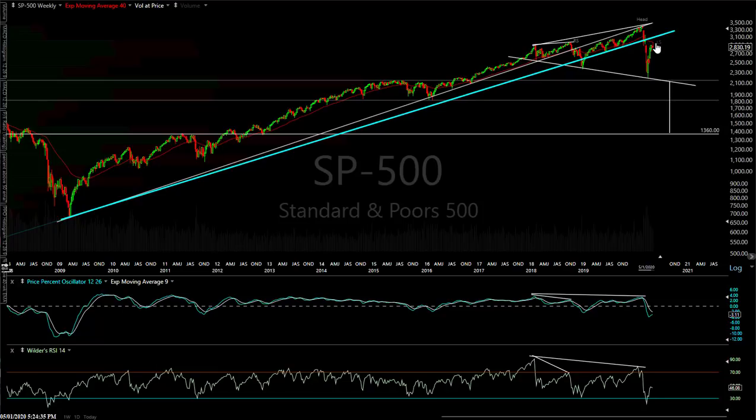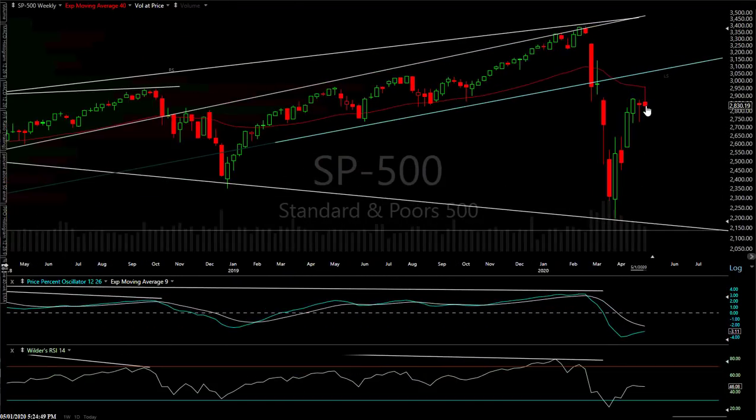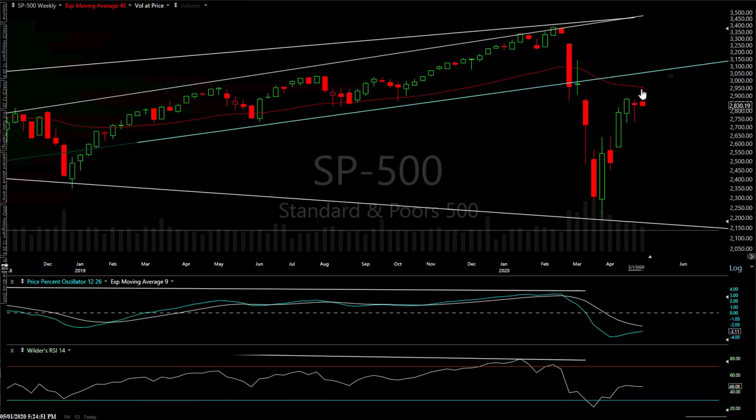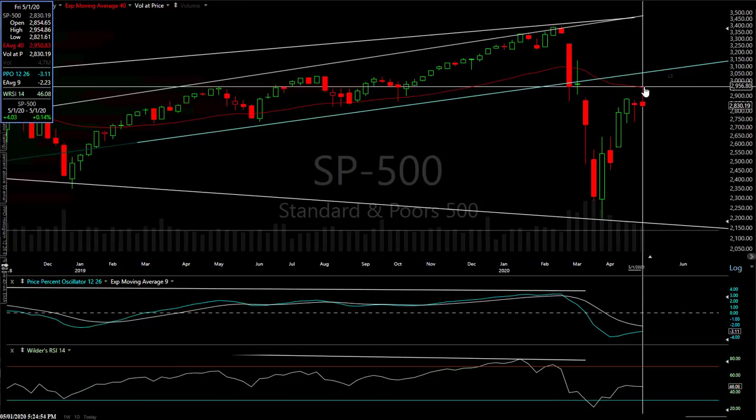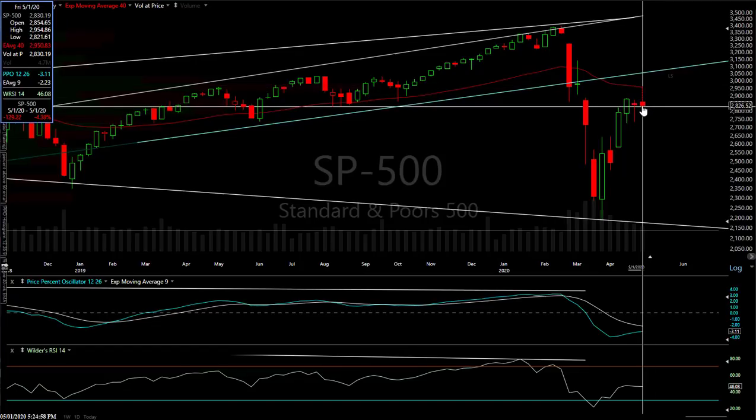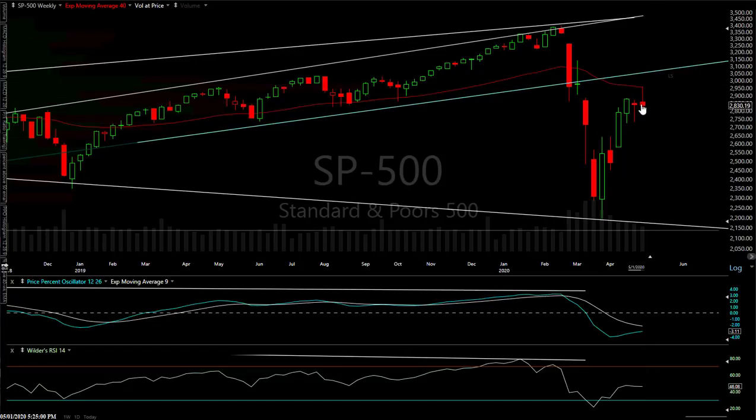So that's it. And then on here, I like to use the 40-period weekly moving average on the weekly chart. That's the same as your 200-day exponential moving average on a daily chart, and it's a pretty key level. I've talked about it many times in the past. Look where the S&P 500 kissed that level this week and had a reversal, putting in that little doji type candle right there.